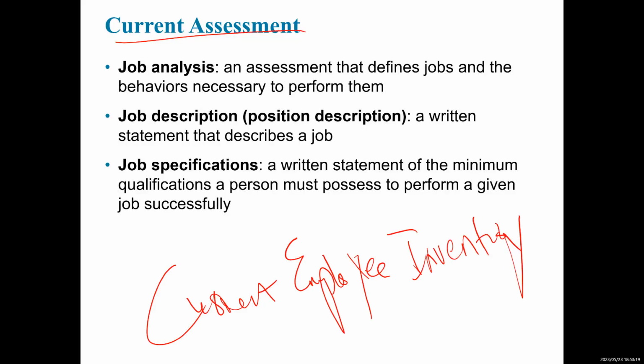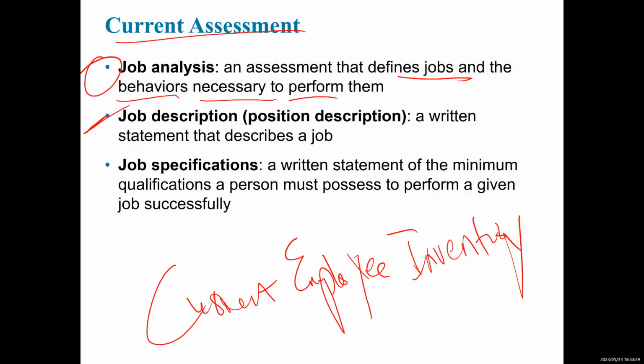When they ask you to submit a form or your CV, they already know how many people are from this background, college level, university level, finance level, chemistry level, and if there is a role, who can be promoted or who can do this job, and how many people we need to hire. So number one is job analysis and assessment, which define jobs and the behavior necessary to perform them.